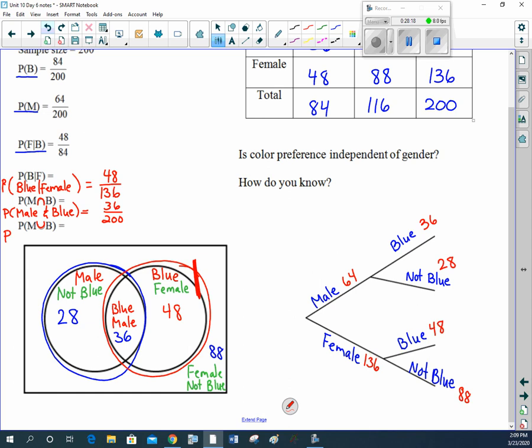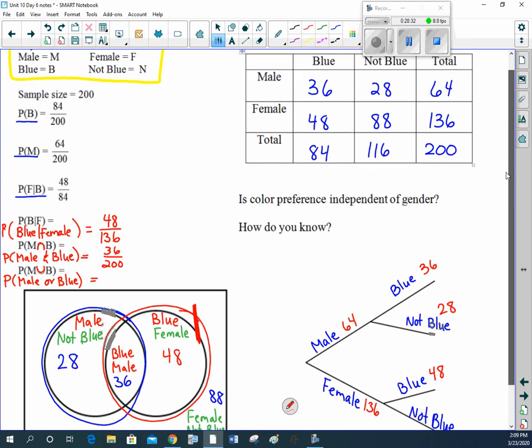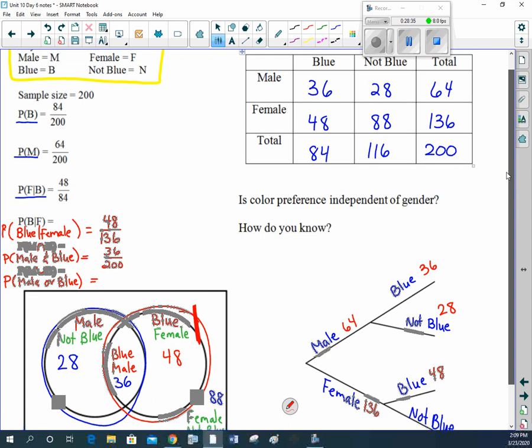And then the last one, this symbol right here means or. So the probability that you're male or you like blue is what? Well, probability of male is 64 and we like blue is 84. So add those two together.